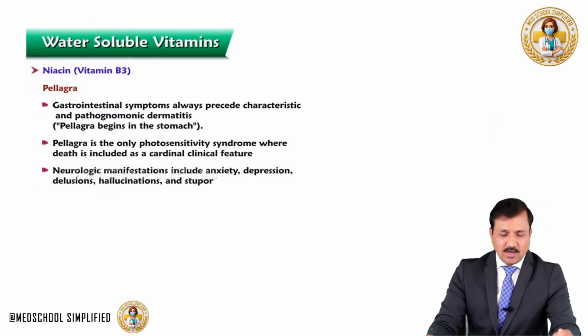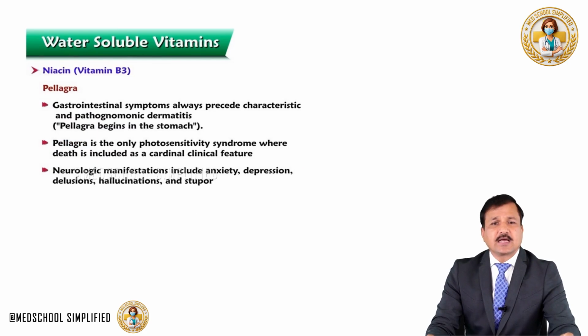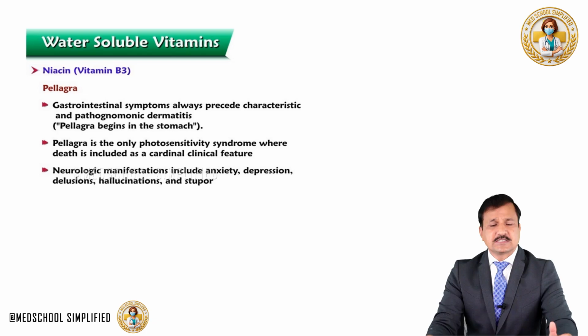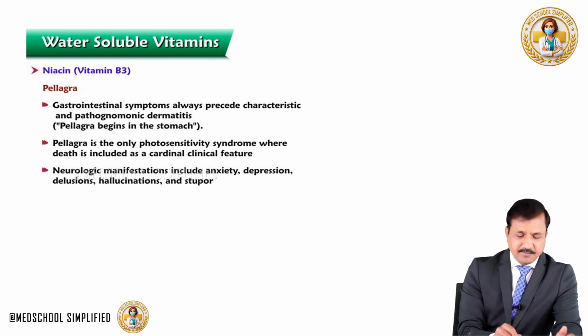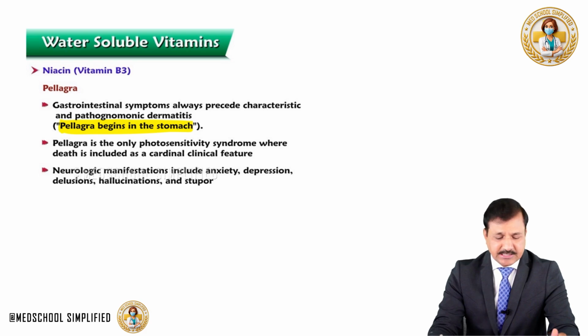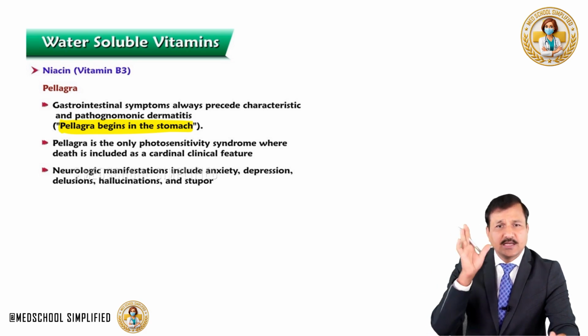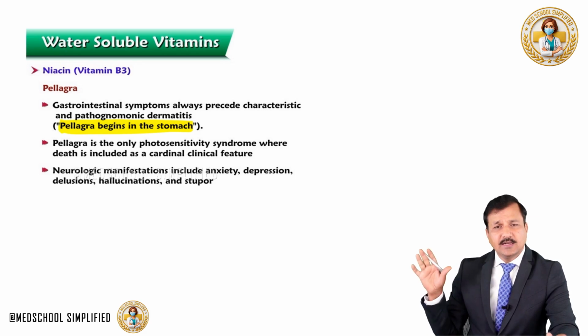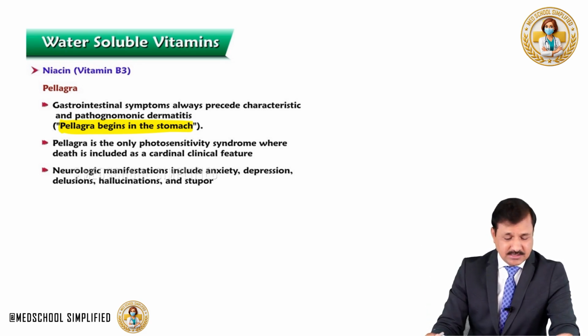Gastrointestinal symptoms always precede the characteristic and pathognomonic dermatitis. That means, as you see, pellagra begins in the stomach. Remember this. That means it is always the diarrhea that precedes dermatitis. Diarrhea appears first and then it leads to skin changes, dermatitis.